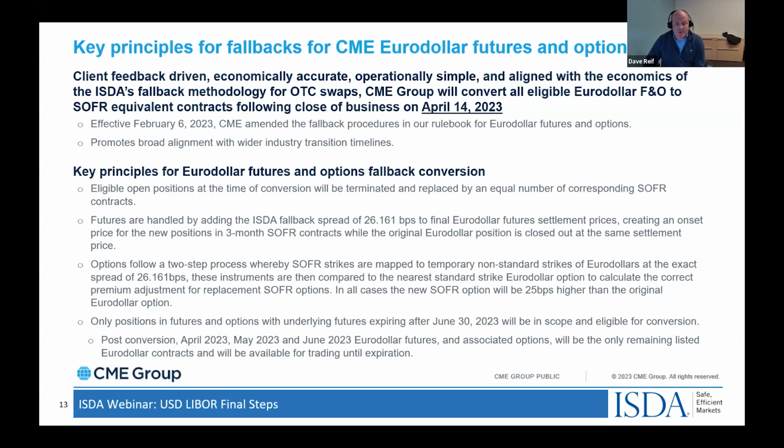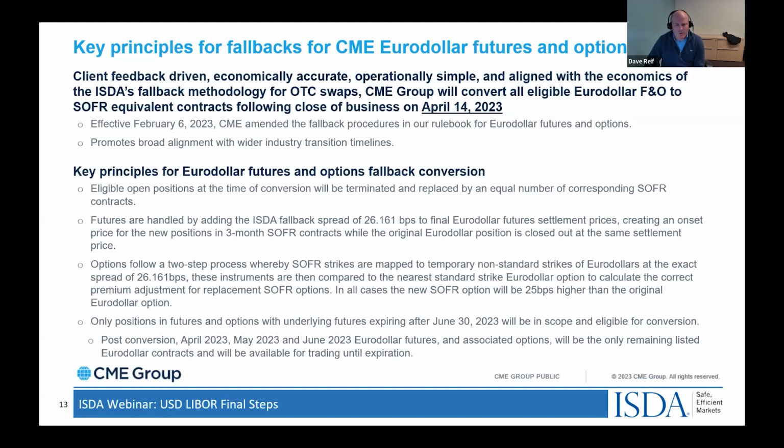Some key principles to keep in mind for the Eurodollar futures and options fallbacks: all of our eligible open positions at the time of the conversion are going to be terminated, all the Eurodollar futures and options, and replaced by an equal number of the corresponding SOFR contracts, both in the futures and the options.